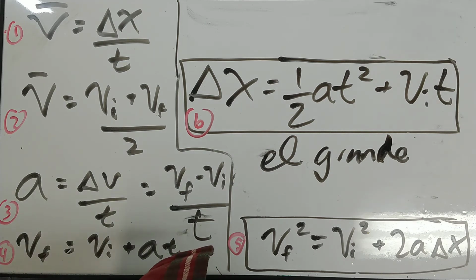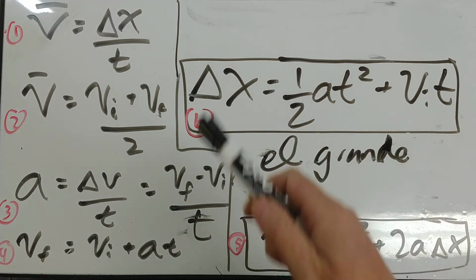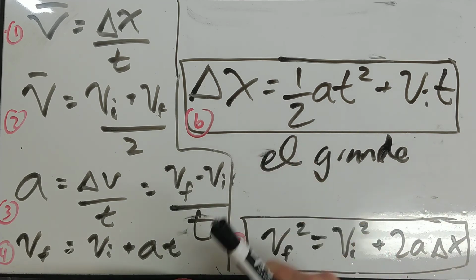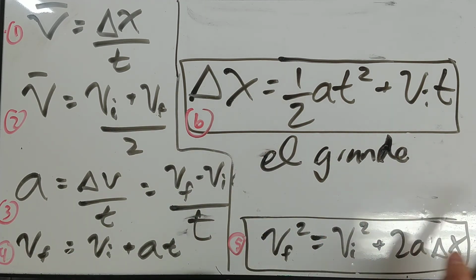He called this equation El Grande, 1/2 at squared plus v initial t. Students who have had me in the last couple of years know that equation as El Grande. Nobody knows what you're talking about if you call it that, though.